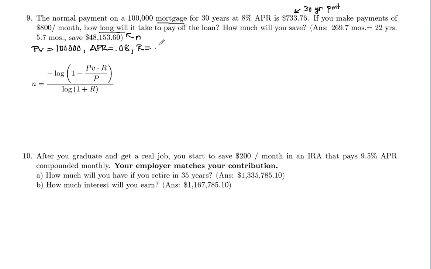So that's 0.08 divided by 12. That one's repeating, so let's just leave it as 0.08 divided by 12. And then our payment P: you don't want to use the 733, because if you do that, it's going to tell you your answer is 30 years, 360 months. You want to use the new, higher payment, the 800. So your P is going to be 800.